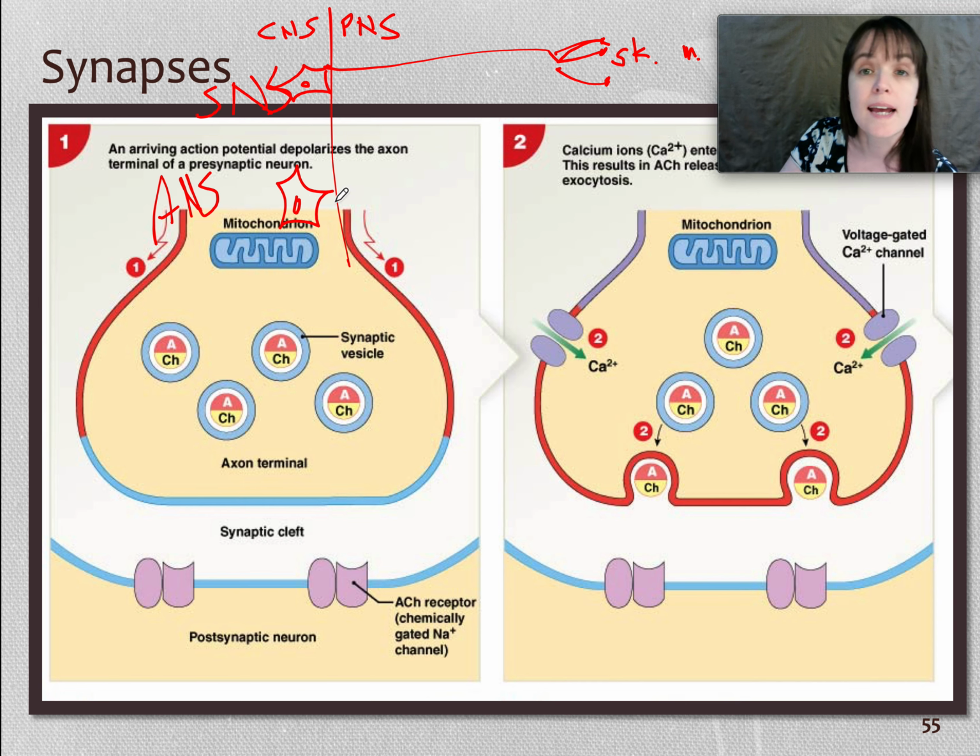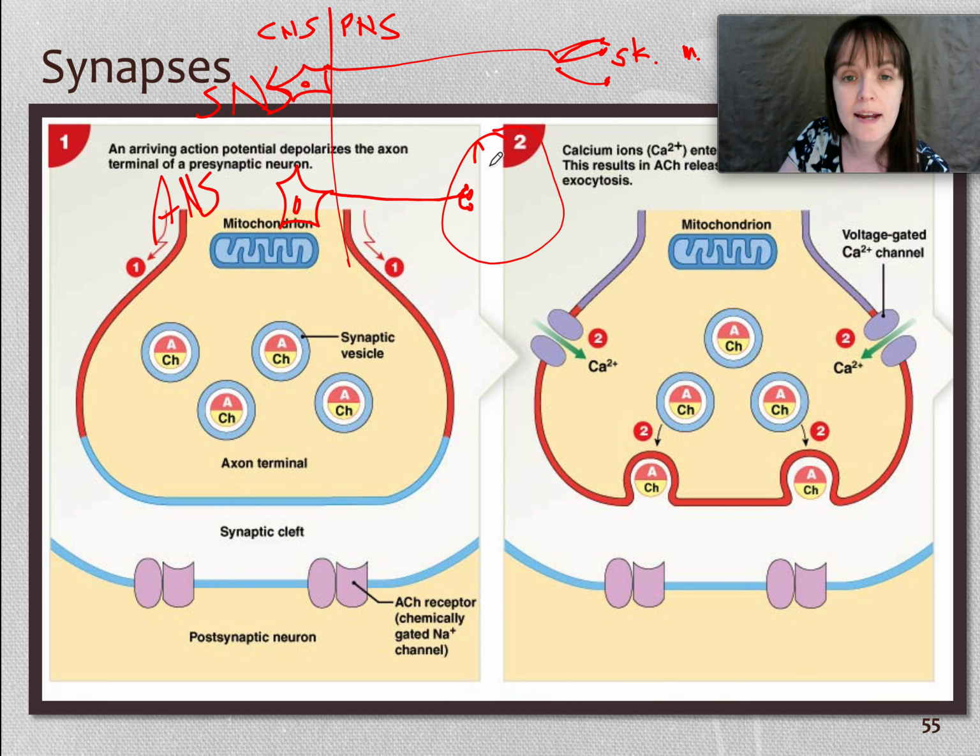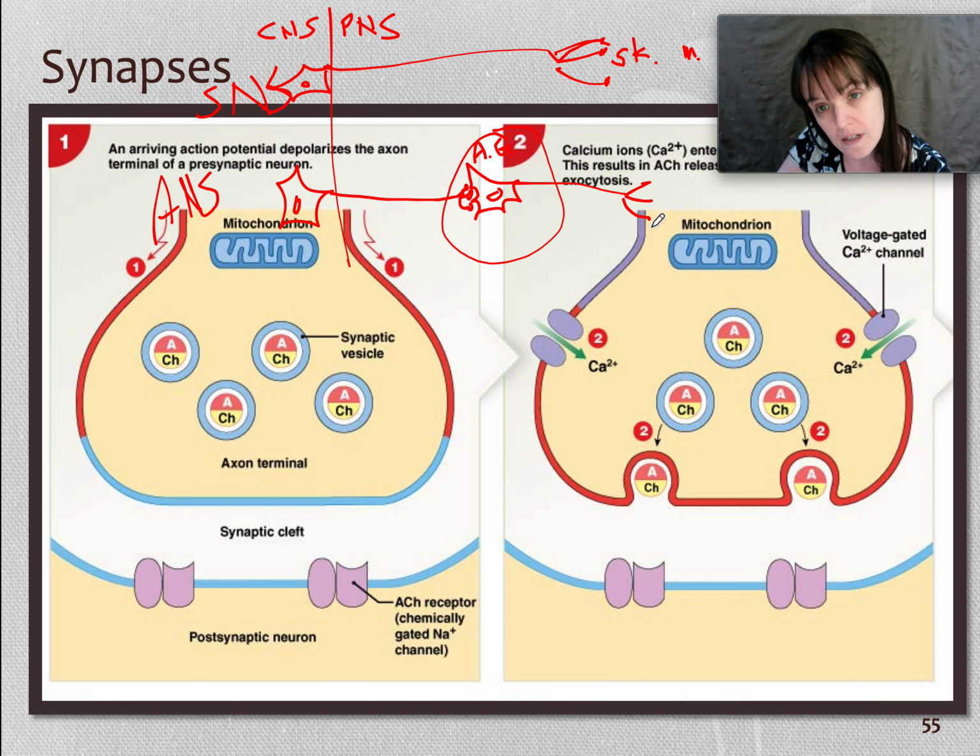And we had a preganglionic cell that synapsed in an autonomic ganglion, the AG, with a ganglionic neuron or cell, and that synapsed with the visceral effectors.